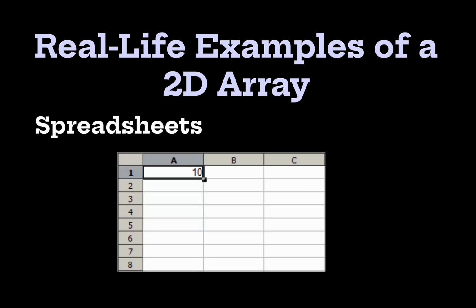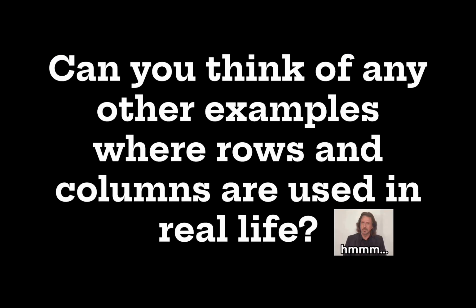So if you've worked with a software such as Microsoft Office Excel, one thing you see is that it's organized in this rows and column fashion, more like a tabular fashion. That's another real-life example of a 2D array. Now, can you think of any other examples where rows and columns are used in real life? I'll leave that up to you.